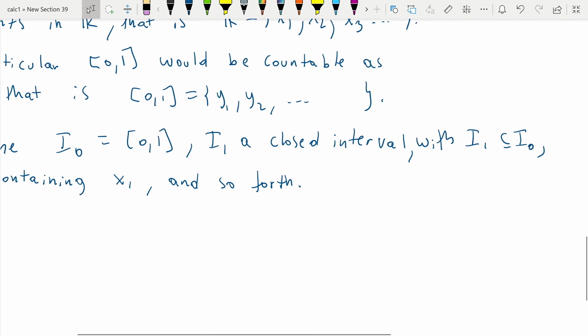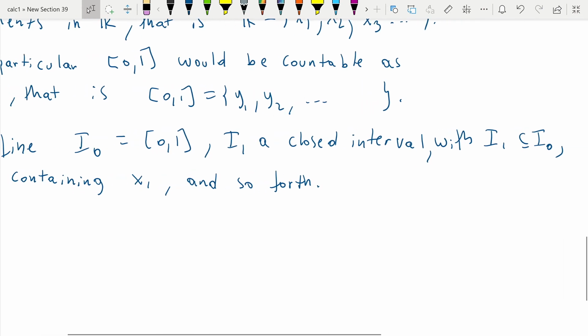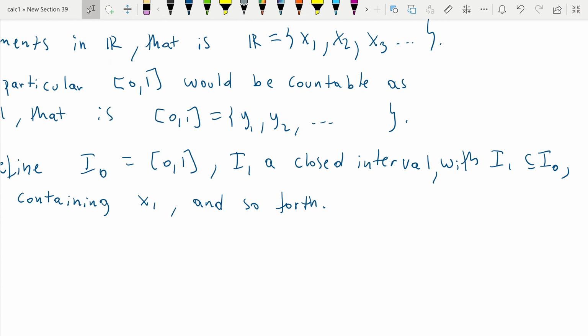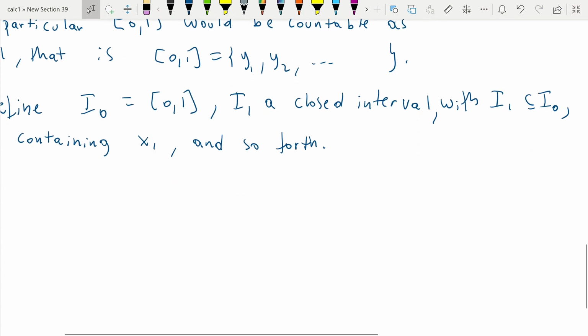Okay, and the fact that you can choose or construct a closed interval with this property, so that I1 is contained in I0 and it doesn't contain x1, I'll leave to you as an exercise, but it's kind of easy. Look here. This is the interval 0, 1.